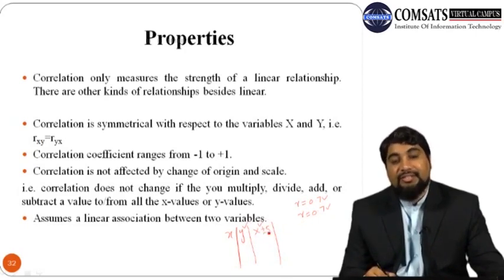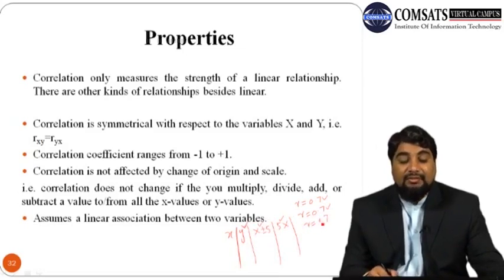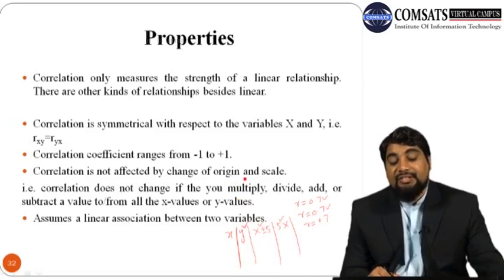Similarly, subtracting a constant will not affect it. Or if we multiply x by any number, let's say 5, the correlation between y and x will also remain the same. This is called that correlation is not affected by change of origin and change of scale.